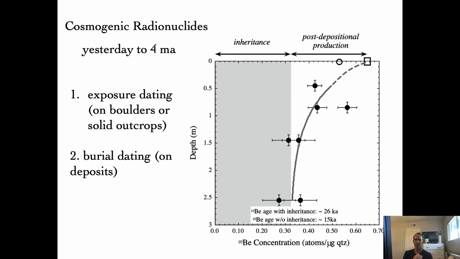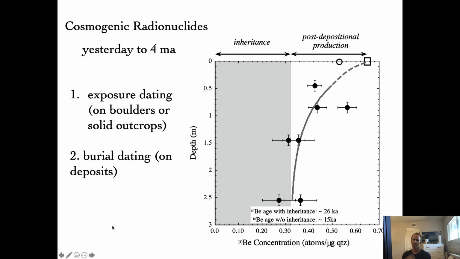Or I can do what we call burial dating, where you dig a hole in the deposit, a river terrace or marine terrace or something, and you collect a couple samples at different depths. And then you look at the concentrations of these radionuclides that are created by the interaction with cosmic radiation and figure out the age of it that way.